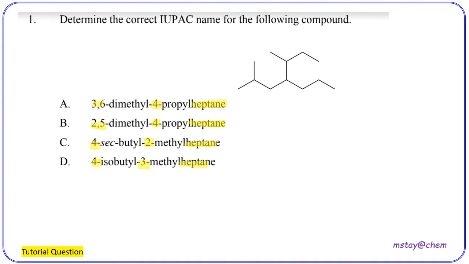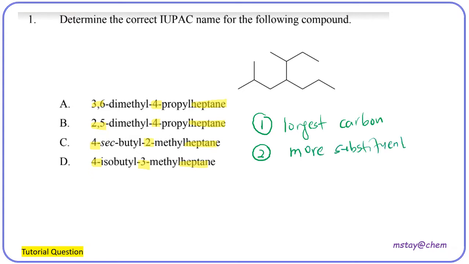So when we do the naming of the alkane, first we must have the longest carbon chain. After we have the longest carbon chain, we select the one with more substituents.